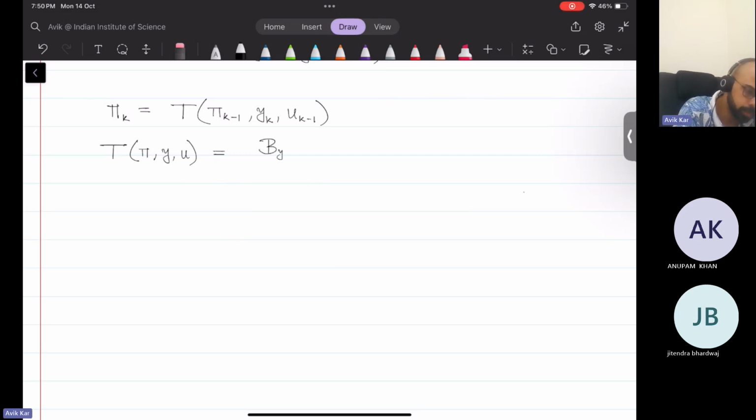And this is, so P_U is the transition probability matrix.